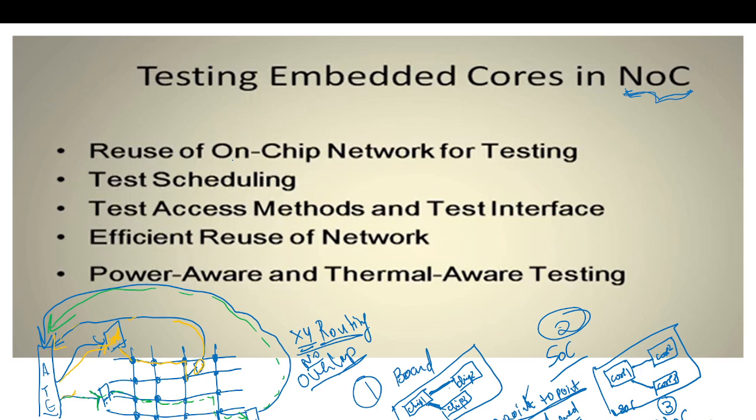So can we reuse this on-chip network itself for testing? For that we need test scheduling, test access methods, and a test interface. What is the test access method and the test interface, and what are the efficient ways of reusing this network? Similarly, in SoC testing, we have already seen power aware and thermal aware testing.